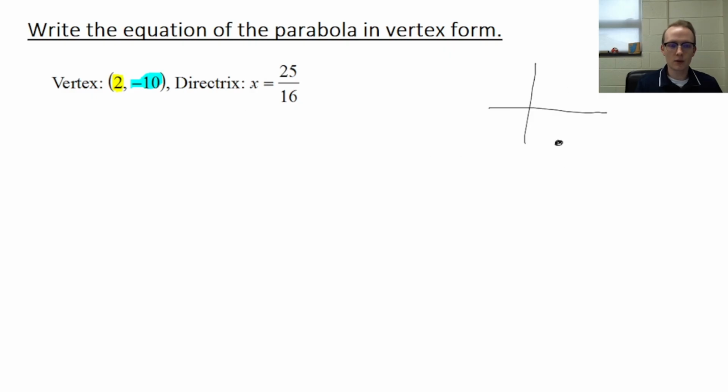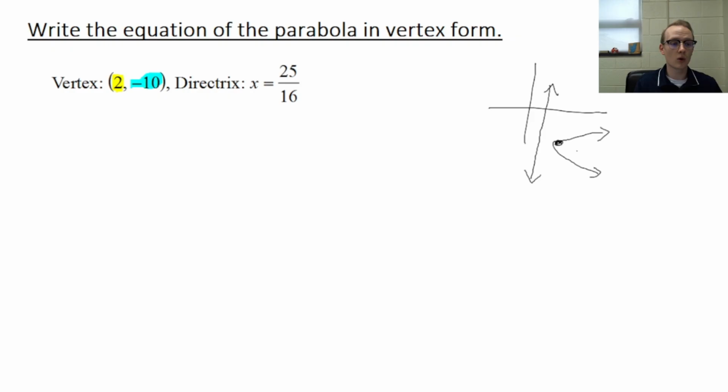And 25 over 16 is not quite to this x equals 2, okay? 25 over 16, if you type that in your calculator, it's going to be between 1 and 2, a little more than 1.5. So it's actually going to be right here. So this is our directrix, which means this parabola is going to open to the right.